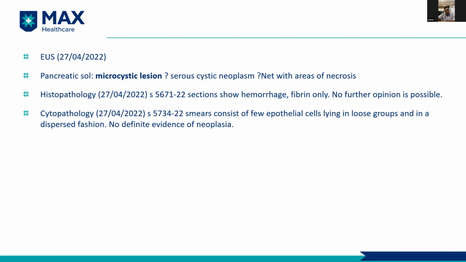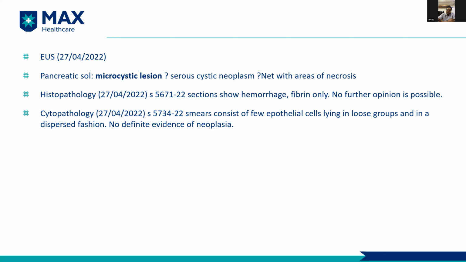So in this case, as I remember, there were no real solid areas, and there's also some amount of post-acoustic enhancement. Basically, when the ultrasound waves pass through it, there is a little enhancement behind the lesion, and that was there in this case. And as mentioned, we also look for duct communication. One of the important things EUS helps with is to clearly look at whether there's any communication with the duct, and therefore differentiate from a branch duct IPMN.